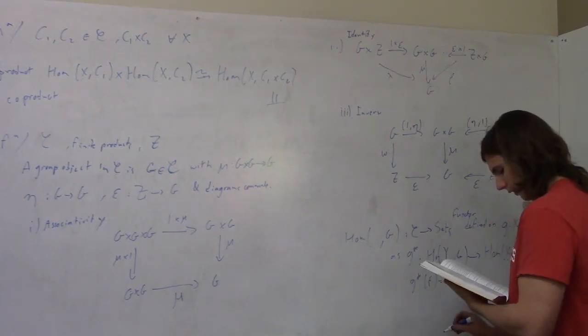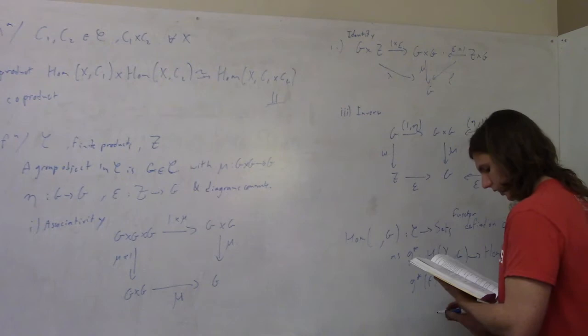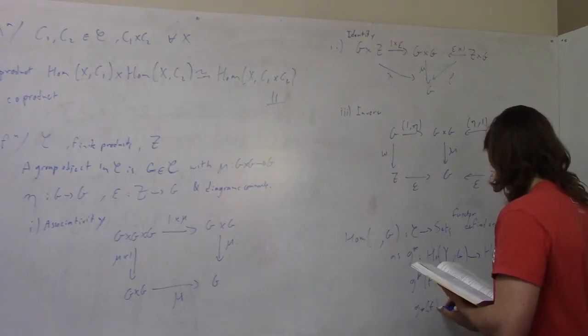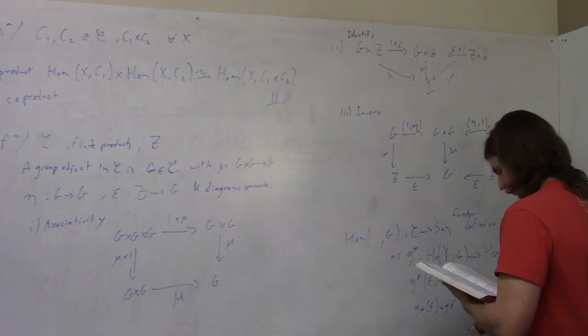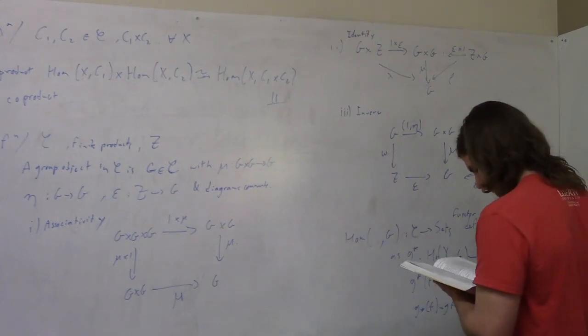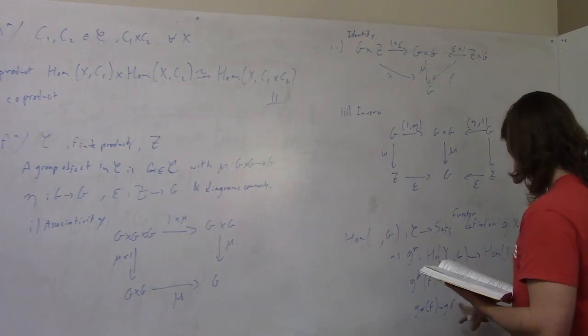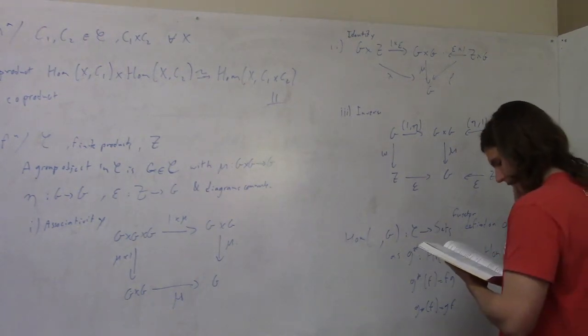And likewise, if we consider everything flipped, we'll have this lower star, f is equal to gf. And so this one is a contravariant functor, this one's a covariant functor.